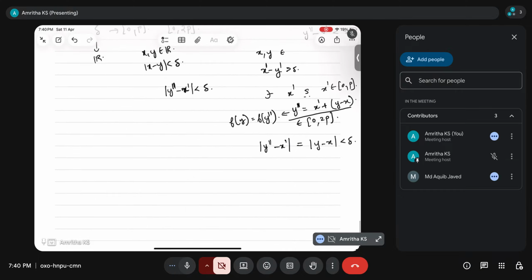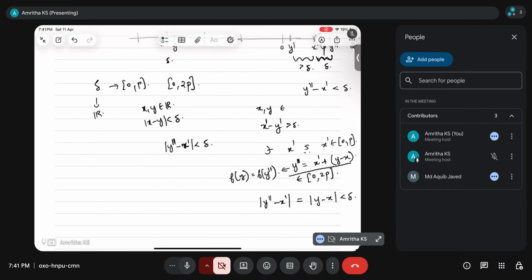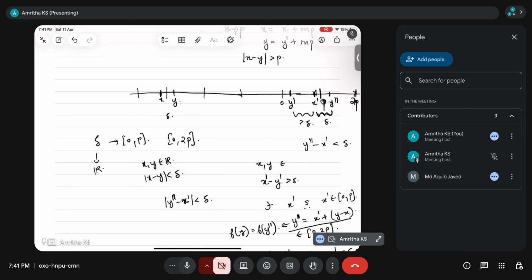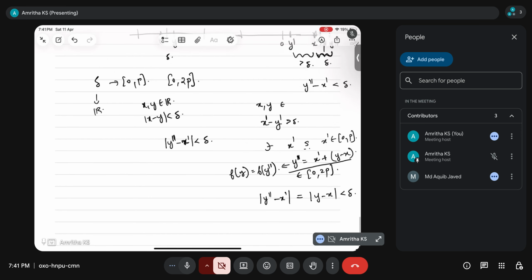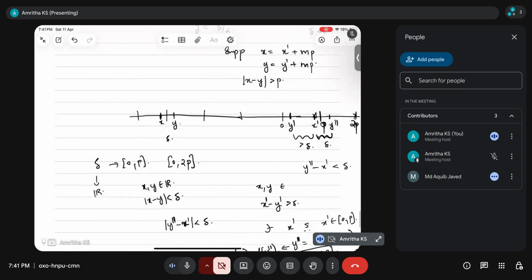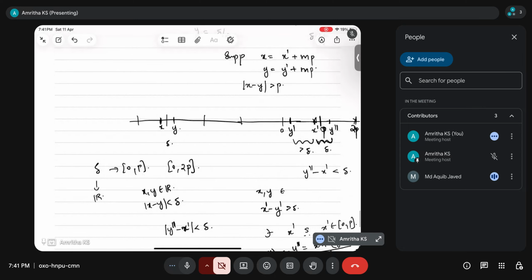From the figure itself you can see that f of y is equal to f of y double dash. Look, when you take y double dash equals y dash plus some kp, then it is true. But you are taking y double dash equals x dash plus something.